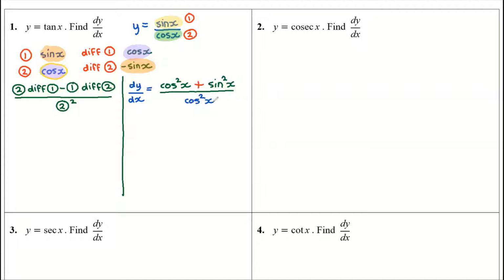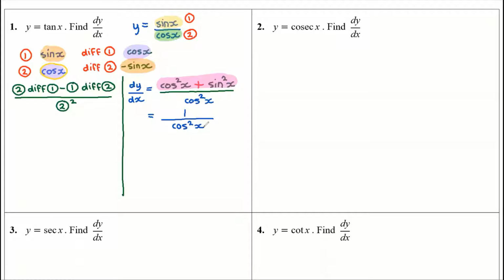Now, this doesn't look like any of the answers we've got so far, but you should be fully aware that we can do something with this. It's a standard identity introduced last year, or in year 1 in your case. So we can replace all that with 1 over cos squared x. Now we have a reciprocal trig function, 1 over cosine.